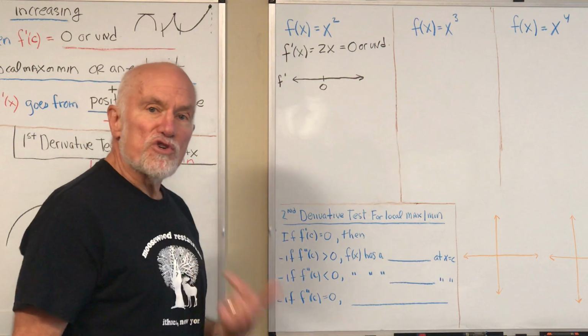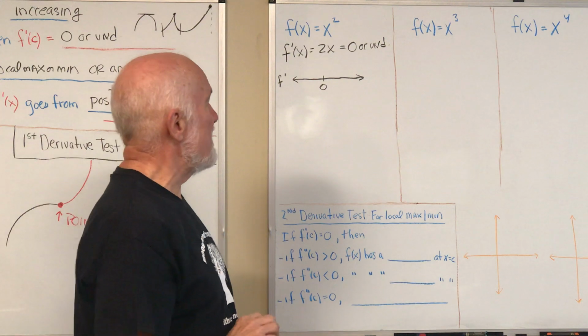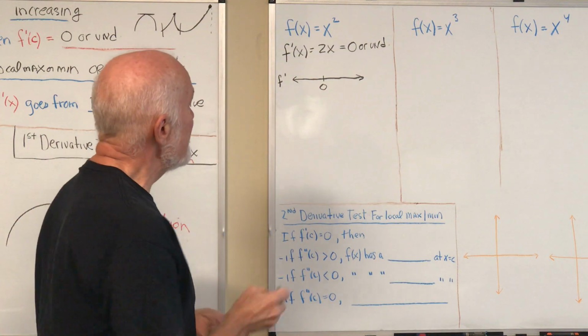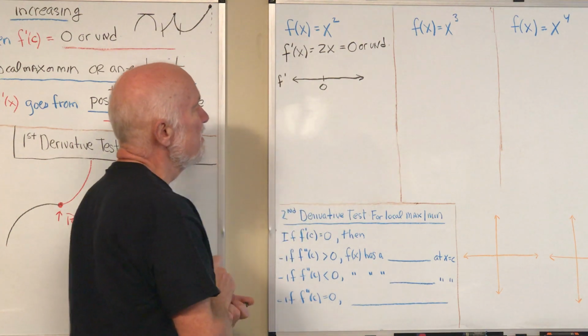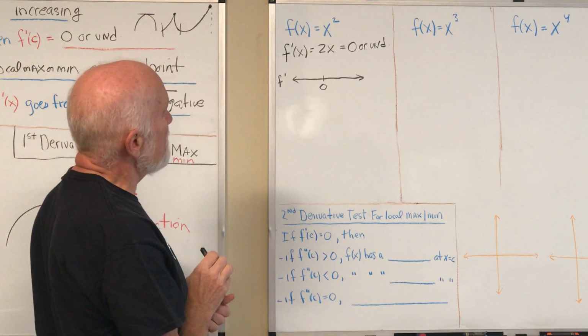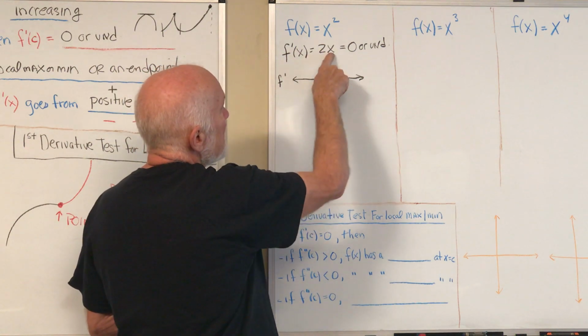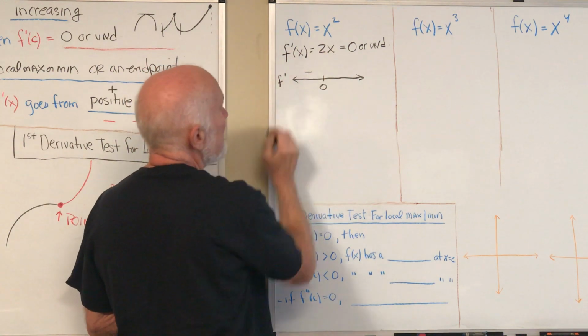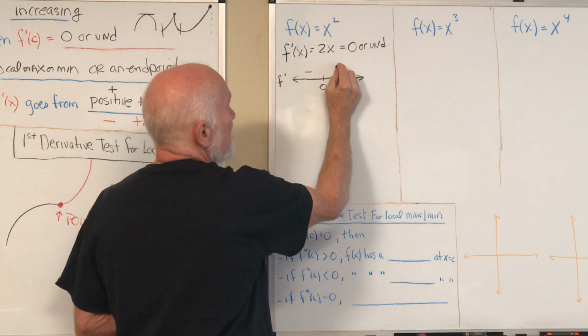But we still don't know for sure that it is a local max or min, so we have to use the first derivative test, which means we find out in this whole interval to the left of 0 whether it's positive or negative. Well, try any point in here. A negative number is going to make that negative. A positive number for x is going to make that positive.